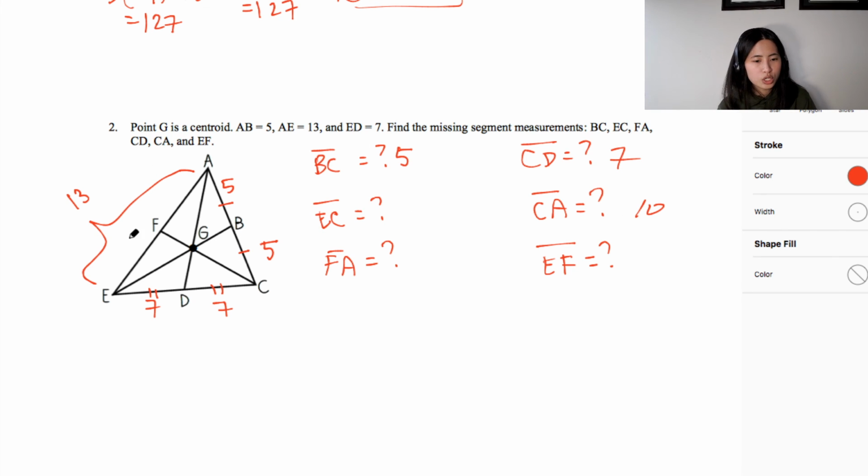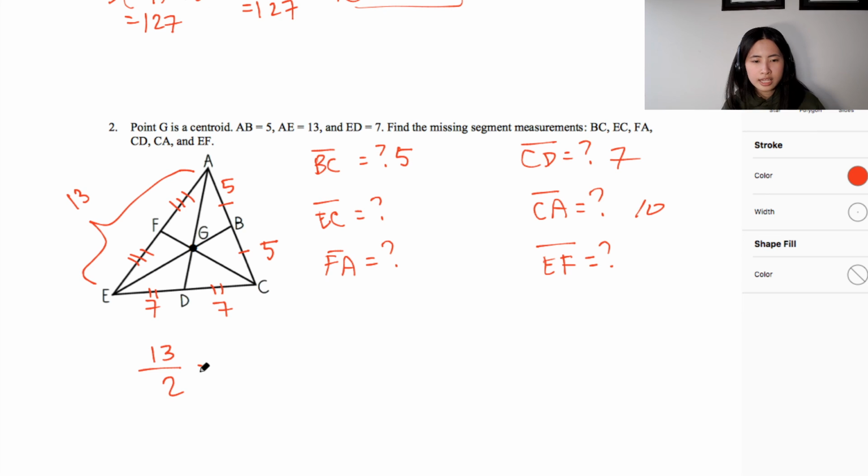And let's move on to this and this, right? So as you can see, we have 13 overall, right? So that's AE. But if you're looking at FE and AF, they're supposed to be equal to one another, right? But the problem here is they're actually giving you the total dimension as opposed to the individual dimension, right? So in that case, for AE, you would have to take 13 divided by 2, right?